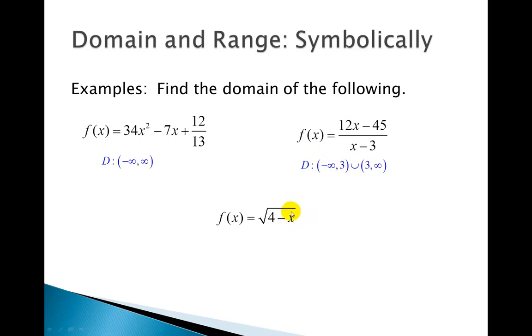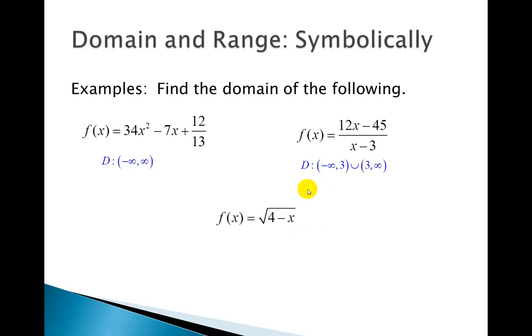If I plug negative 10 in there, because of that minus sign, the subtraction, that's going to make my negative 10 into a plus 10. And so that would make positive inside. So it's good. If I plug in a number like positive 10, well, that's going to give me 4 minus 10, creating a negative 6, and that's bad.